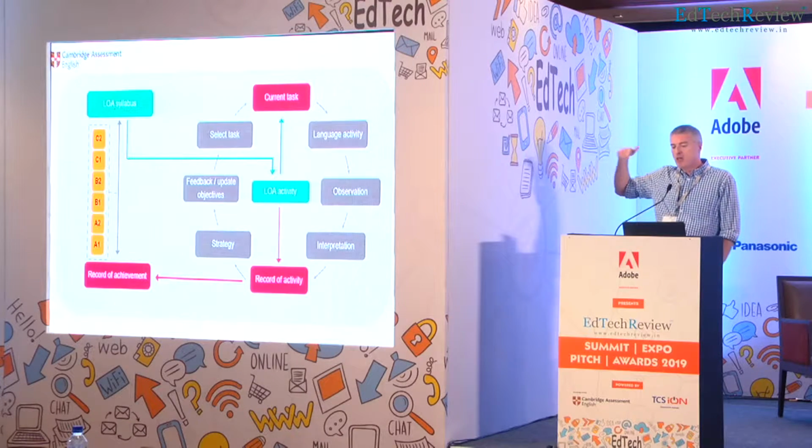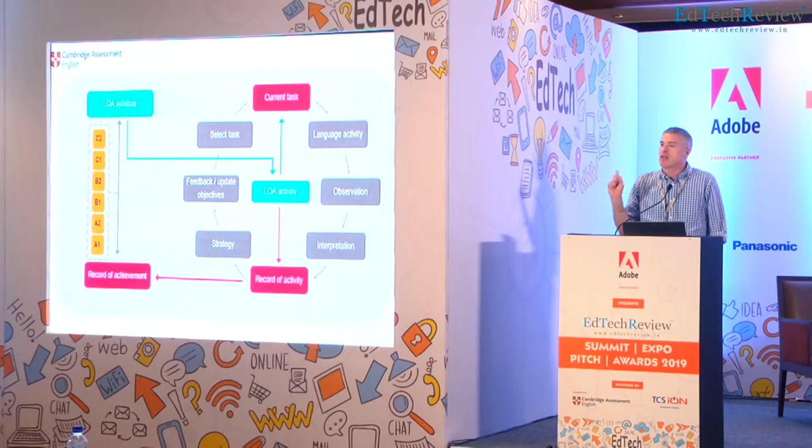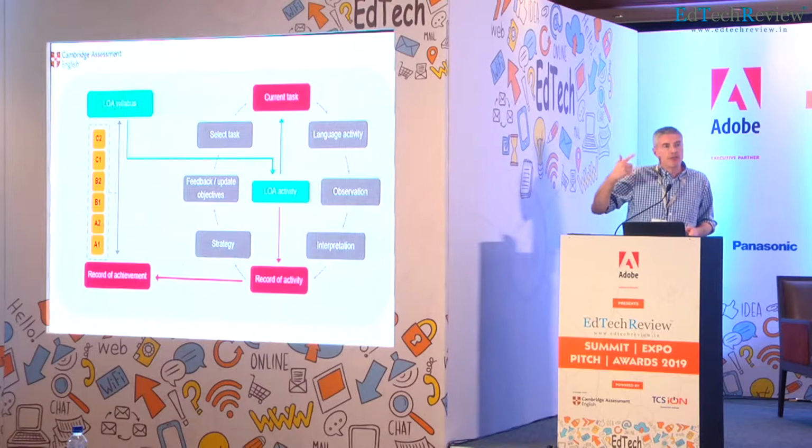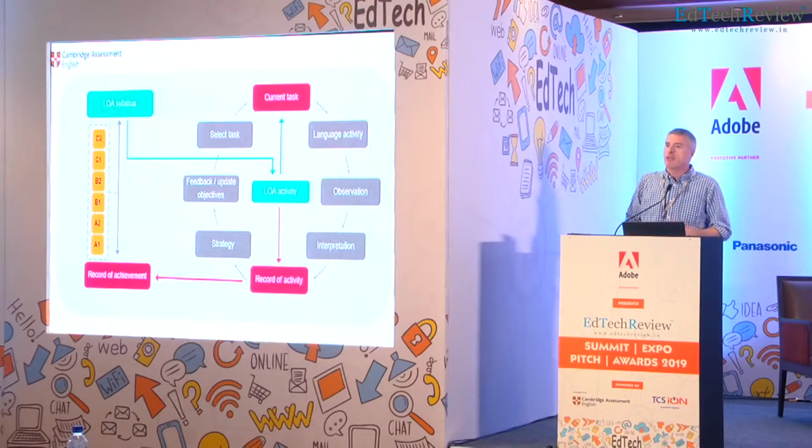Starting at the top of the diagram, where it says current task, the teacher would select a task for the students to do. They would do some kind of language activity. The teacher would observe what's happening in the class, would interpret what he or she sees, and would make a record of that activity. That record would then feed into the teacher's strategy. She would update her teaching objectives, select another task for the students, and so it goes on and on.